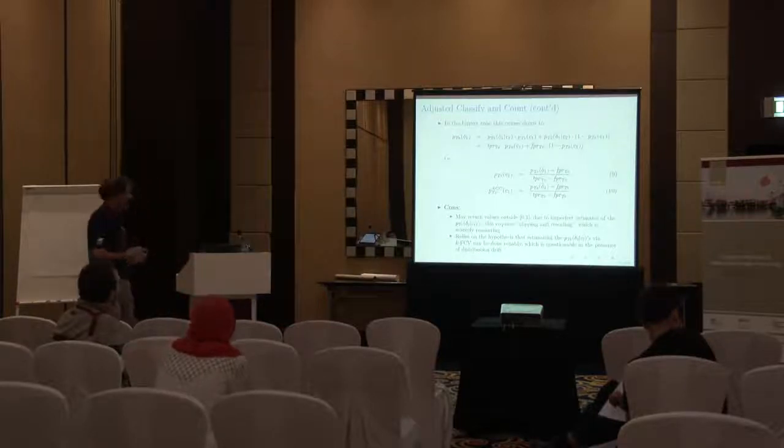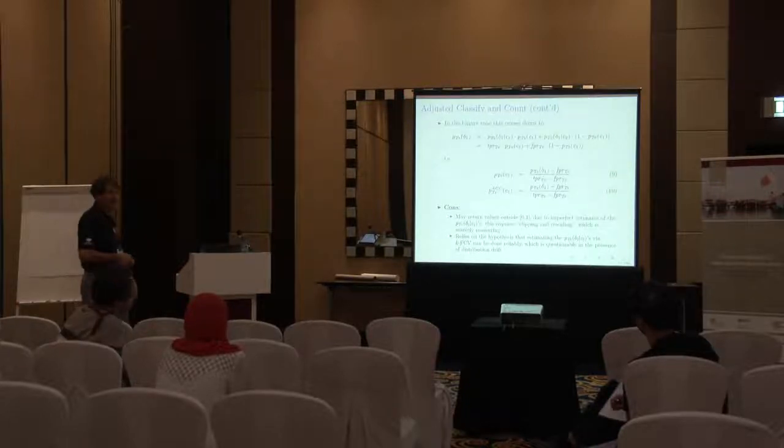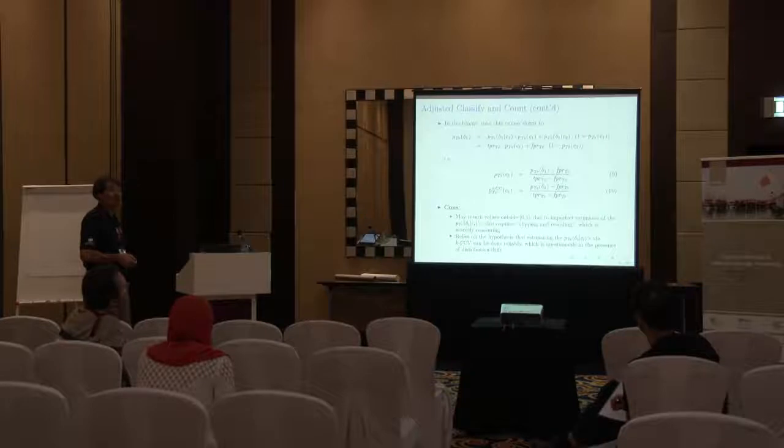In the binary case, the equation that we saw before comes down to this equation. The probability of picking, say, C1, the positive class, is the probability of picking positive given that the real label was positive times the probability that the real label is positive, plus the probability of picking positive given that we should have taken negative times the probability that the real label is negative, which is 1 minus the probability of positive.